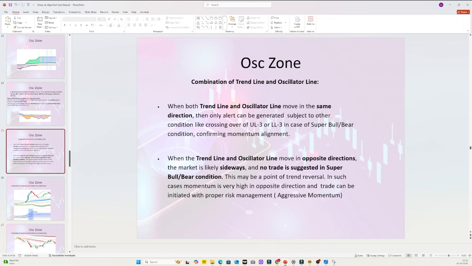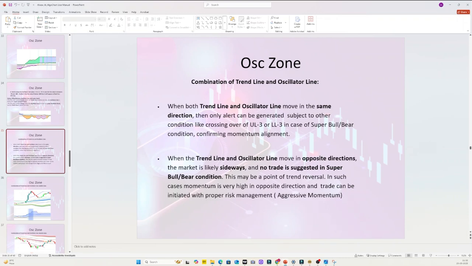When both trend line and oscillator line move in the same direction, then only an alert can be generated, subject to other conditions like crossing over upper line 3 or lower line 3 in case of super bull or bear condition, confirming the momentum alignment. What I said earlier is that three combinations are required: direction, speed, and volatility, like in which lane the car will move. So in this condition, super bull or super bear alerts can be generated.